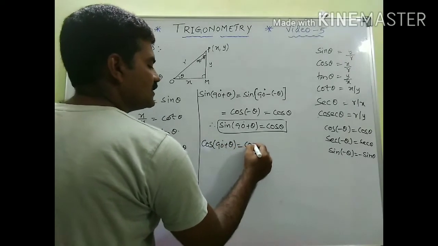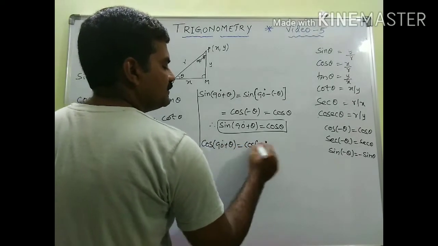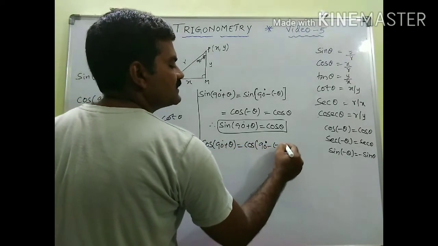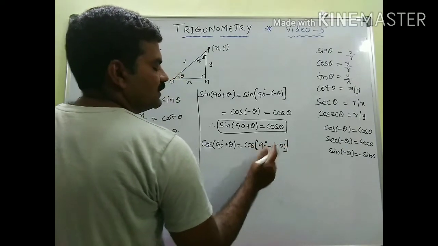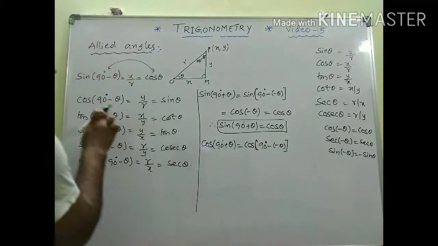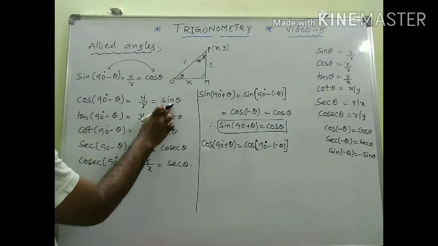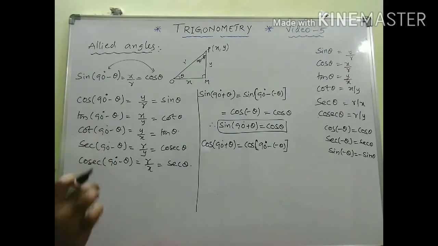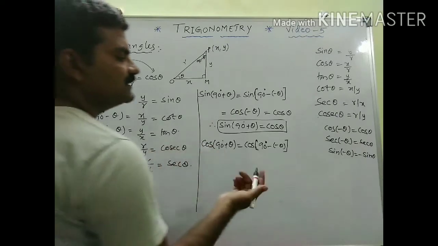Now let us see cos of 90 plus theta. I want to write it as minus of minus. So now this is just like cos of 90 minus theta. Cos of 90 minus theta is nothing but sine theta. All these formulas are very, very important, and one formula depends on its previous result, so everything you must learn.